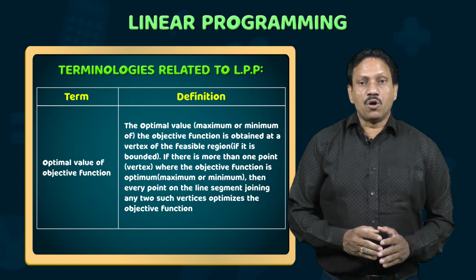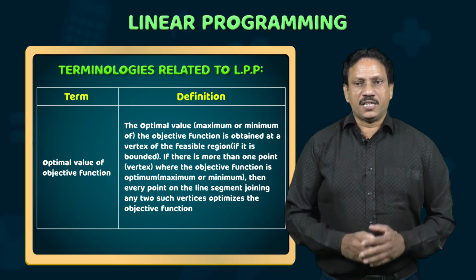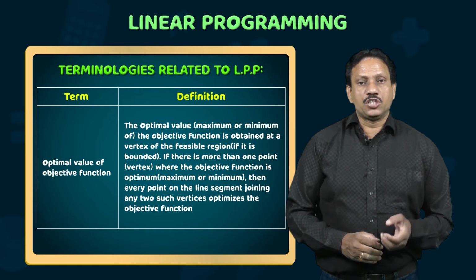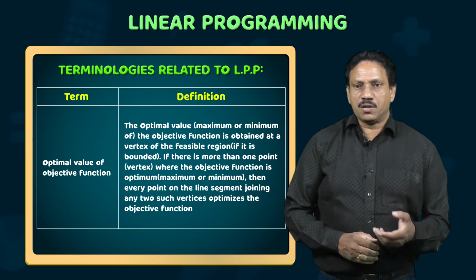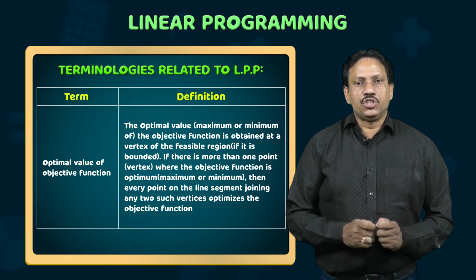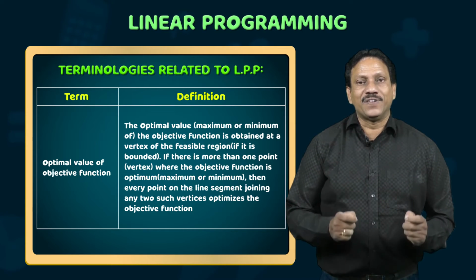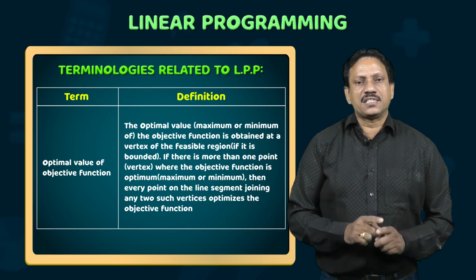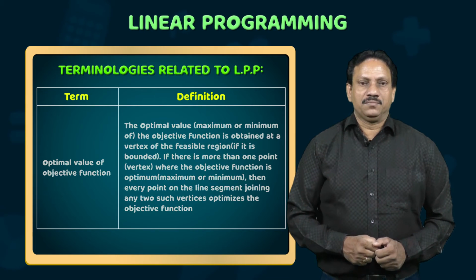If there is more than one vertex where the objective function is optimum, maximum or minimum, then every point on the line segment joining any two such vertices optimizes the objective function.